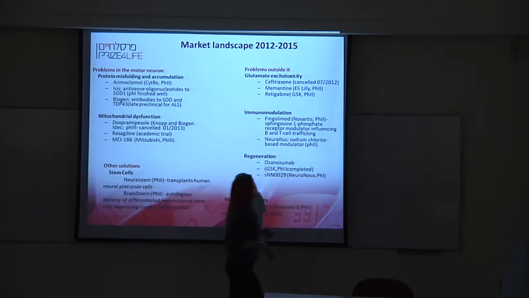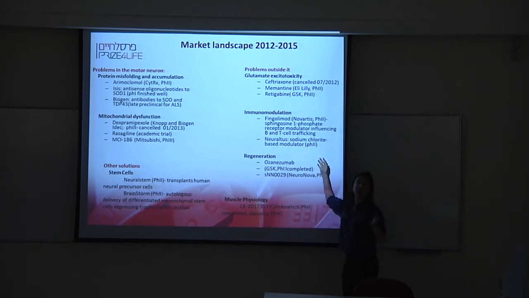You could see that some people decided to focus on the inflammation. So I said there are signs of neuroinflammation. So maybe look at different modulators of the immune system and their effect on ALS. Also problems associated with glial toxicity. And there are also people that try to look at regeneration in general through growth factors or through other things.